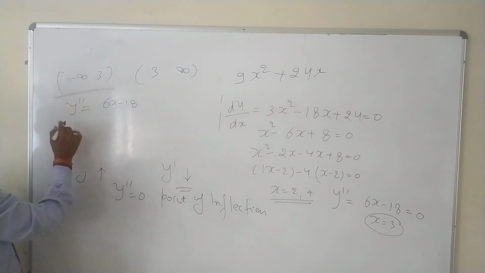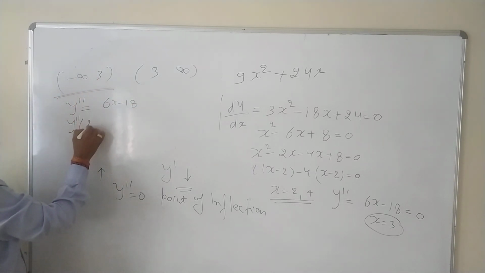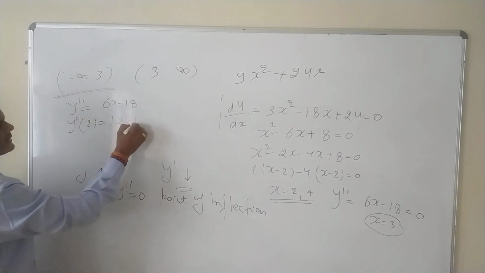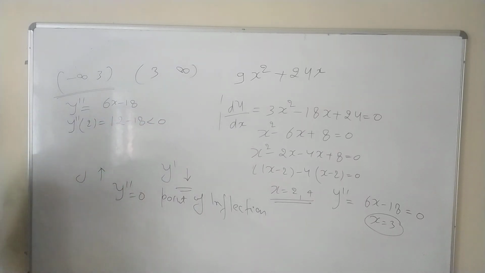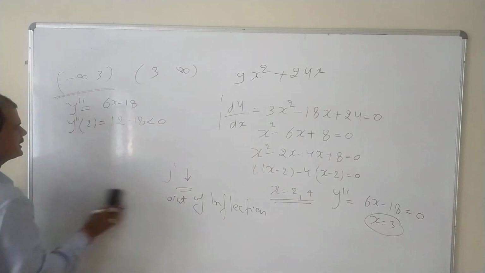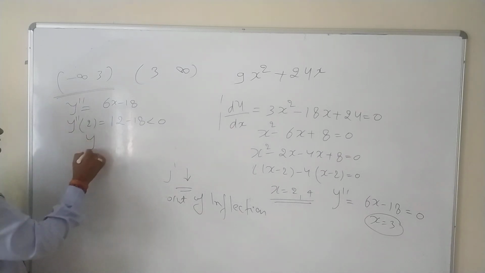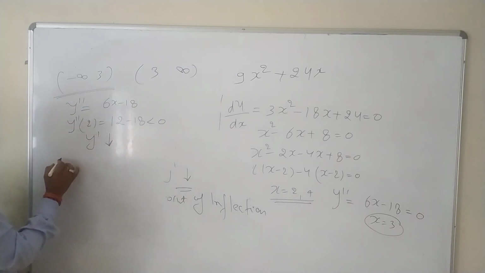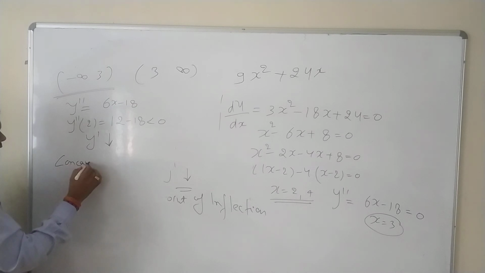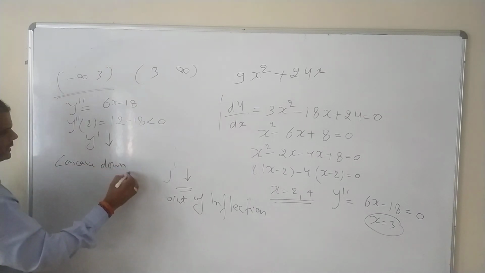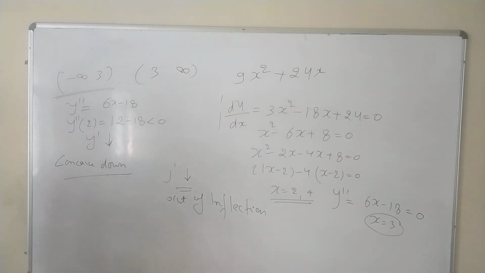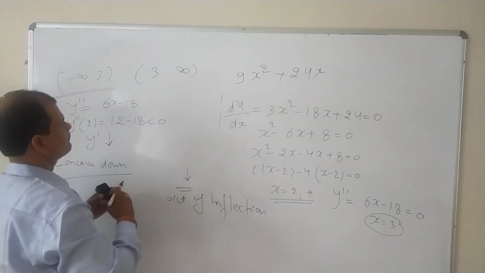I will take any point here, I will take y'' at 2. What do I get? 12 minus 18, negative. So negative means your y' is a decreasing function here. So this is your concave down. Now let us take the second subinterval, 3 to infinity.